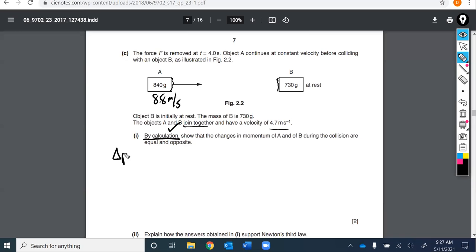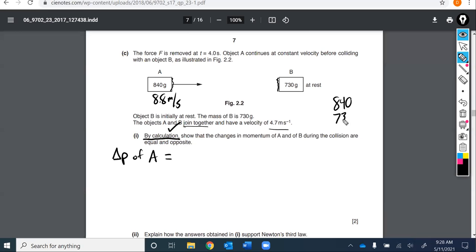The change in momentum of A equals the final momentum of A. Well, we know that it's going to be a mass now of 840. See, that's what's tricky about this, is that you've got this combined object. So the change in momentum of A and B, I guess, is the final momentum of the combined object AB. I guess you have to consider it that way.